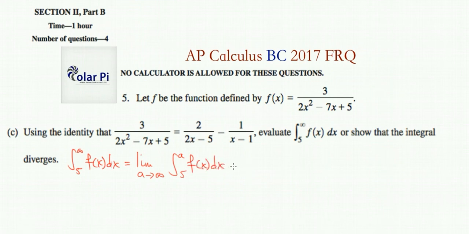And then like we said, we're going to use this version of f of x, so what we just wrote down is the same as the limit as a goes to infinity of the integral from 5 to a of 2 divided by 2x minus 5 and then minus 1 divided by x minus 1 dx.